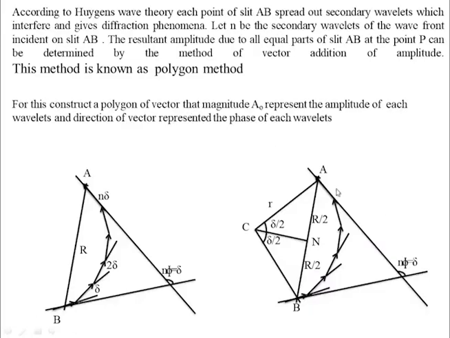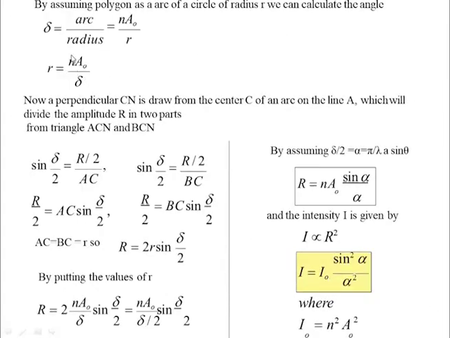This arc is made up of n number of secondary wavelets, each having amplitude A0, so the net arc becomes n into A0. That is, delta equals n A0 by R, and you can find the radius of that circle is equal to n A0 by delta.